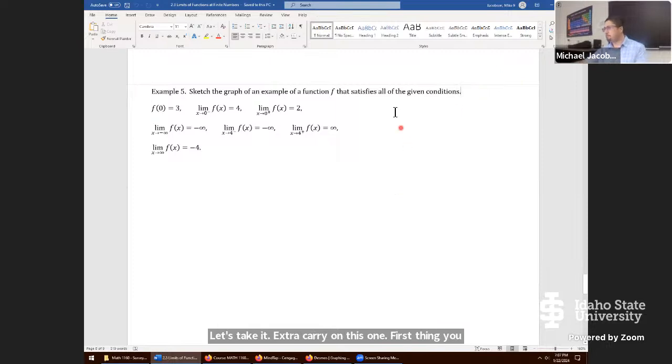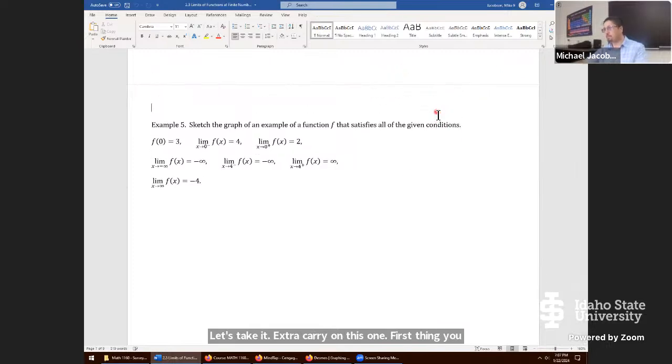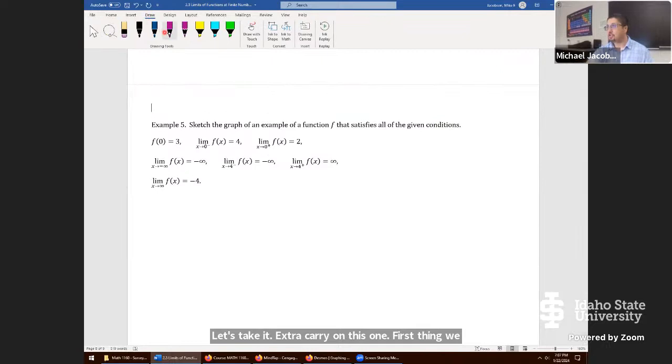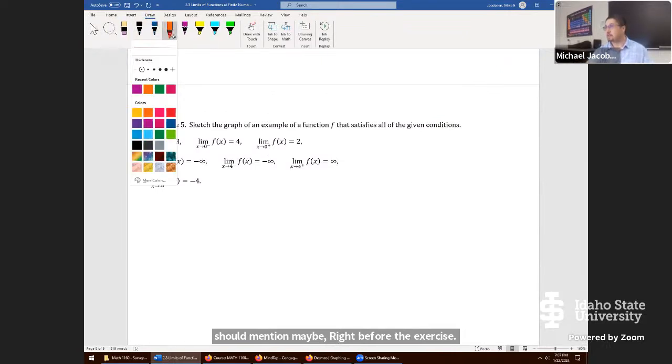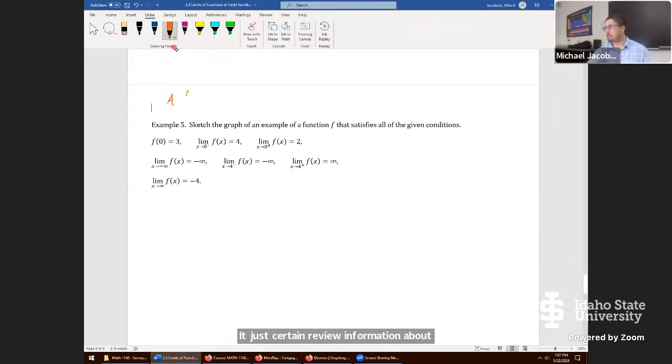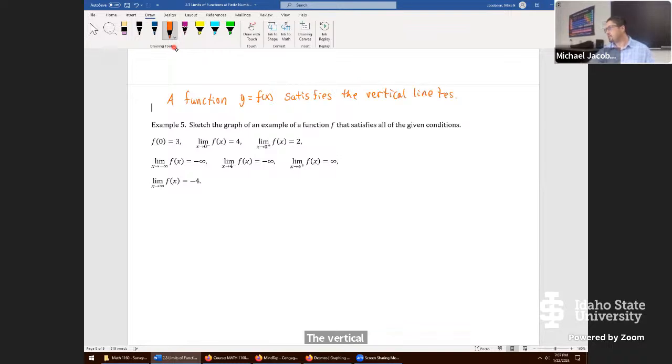First thing we should mention, maybe even right before the exercise, is just some review information about functions. A function y equals f of x satisfies the vertical line test.